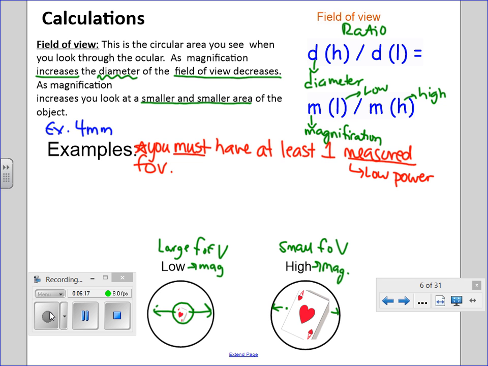Now, millimeters are wonderful, but 4 millimeters really isn't very big. And when we're talking about things that are really small, like cells, we generally want to use a unit that will be the most specific. And so what we'll do is we'll take 4 millimeters and we will convert it to something that's called a micrometer.